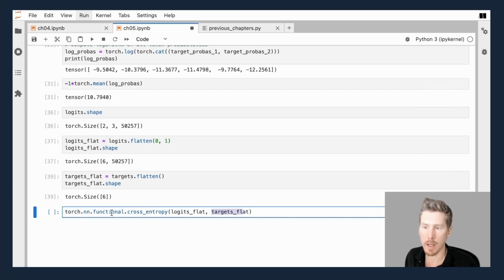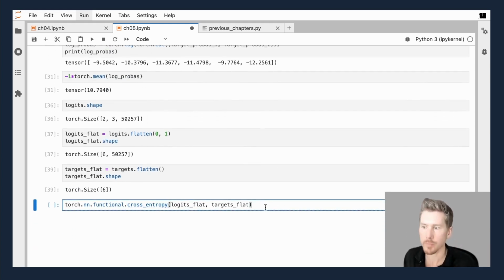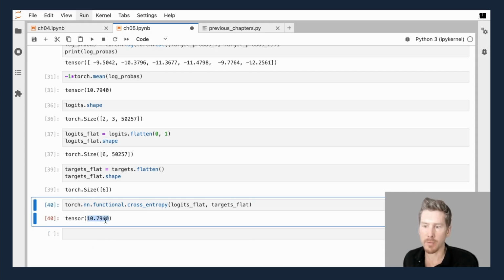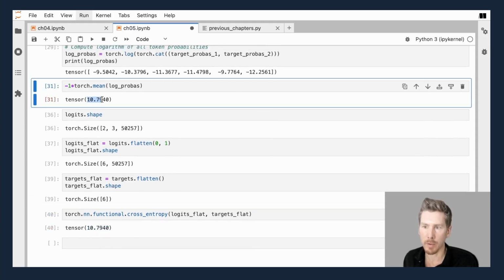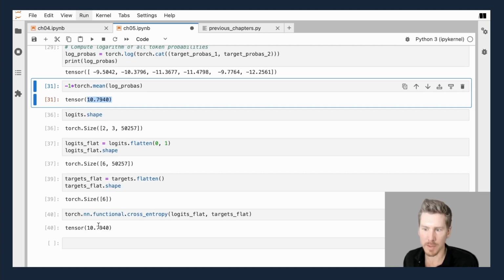And so it all happens inside here. And it's also optimized. They have optimized function calls, PyTorch CUDA kernels. When you run this on the GPU, this will actually be faster than our manual implementation here. So let's see if we get the correct results. And you can see, yeah, we now have 10.79, which is exactly what we got before. But before, we had all these individual steps. Now we have combined it in one step.